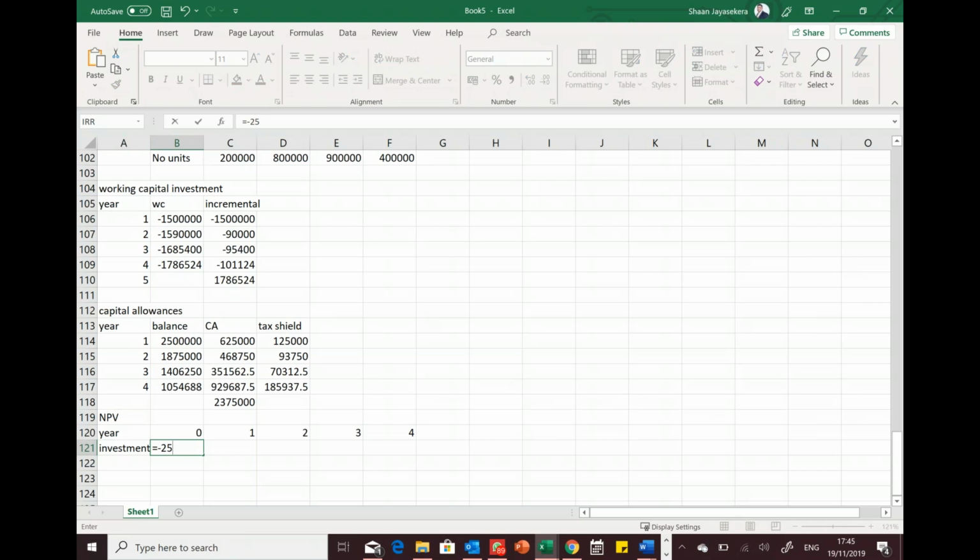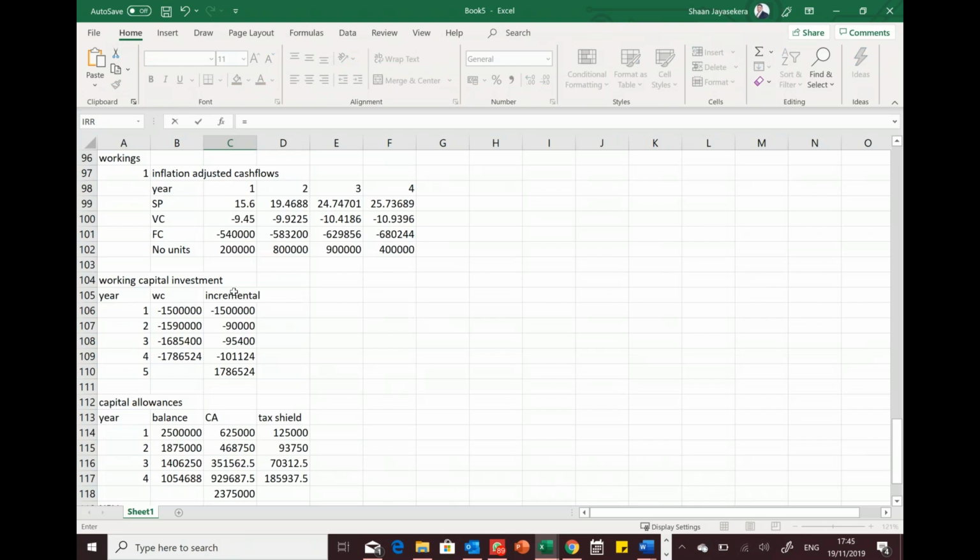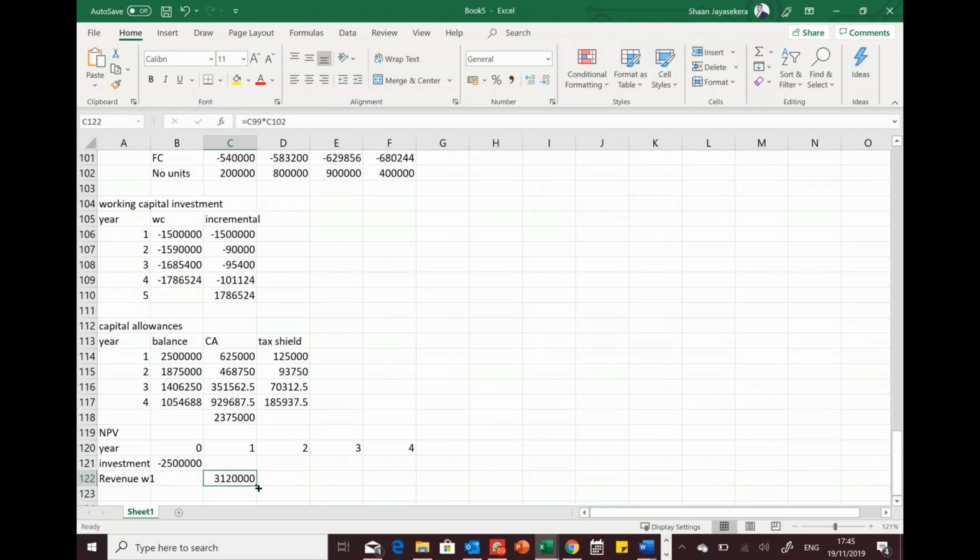My revenue. So I will say working one, if you want to call it like that. So my revenue will be basically in this period, this selling price into the number of units. Okay. So if I actually drag this across, it should all tally the same way. Just double check it. Yeah, there you go.